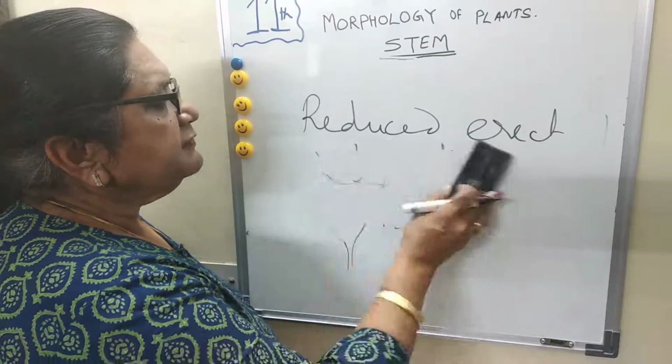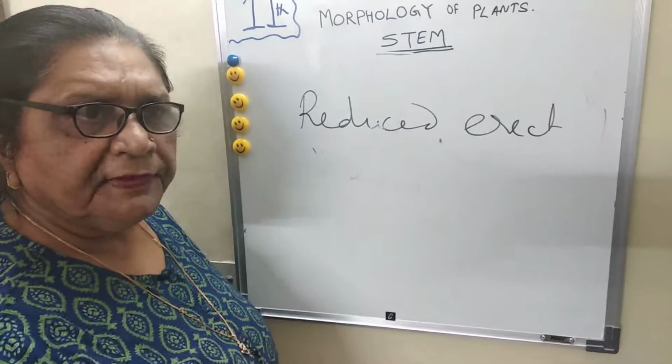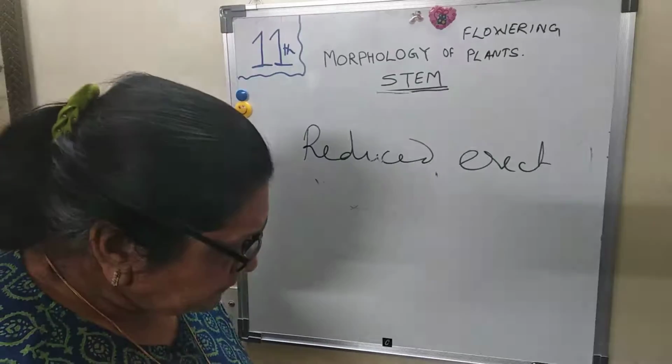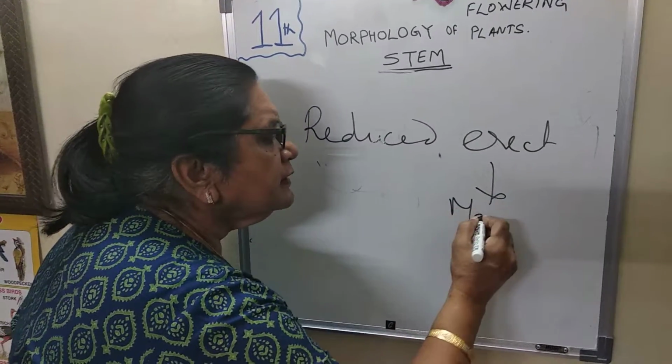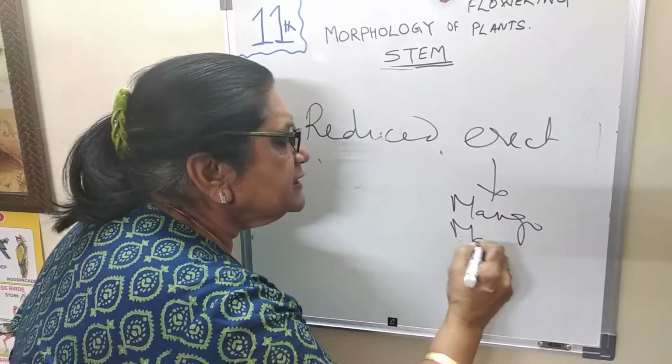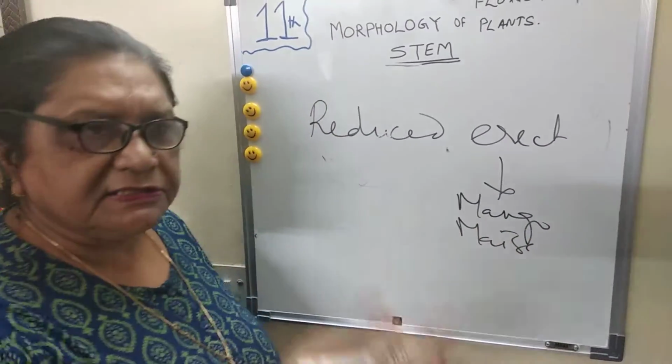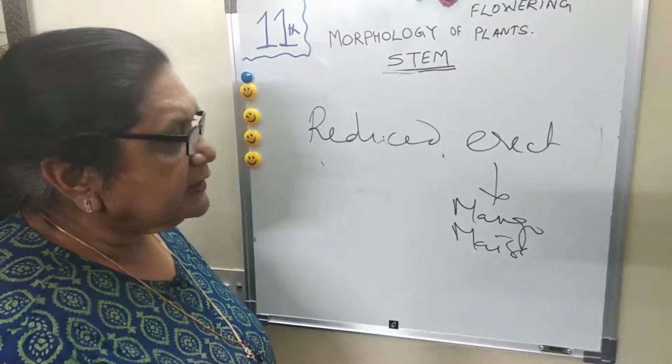Second, they can be erect, in general, like mango and maize, they remain erect, stem above the ground.